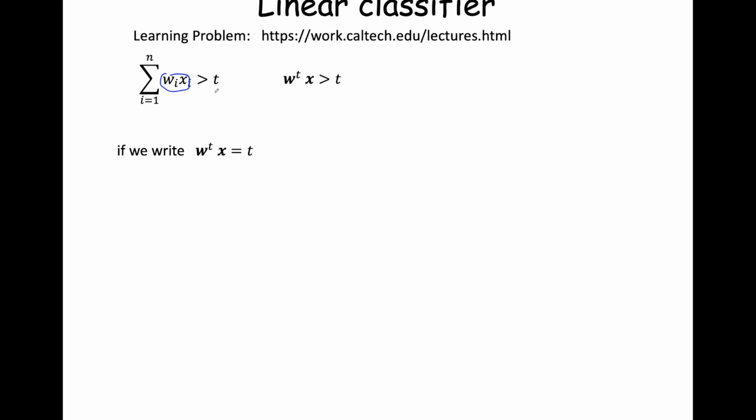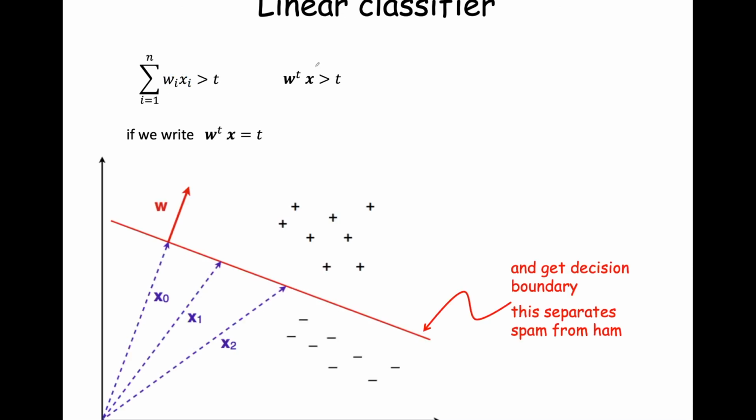And in this example from the previous slide, that threshold is equal to 5. And so in vector matrix notation, that's W transpose X. There's our linear combination, our sum. We're checking to see if W transpose X exceeds the threshold T. So now we can write W transpose X equals T. And if we look at this, W transpose X equals T, that's nothing more than a decision boundary.